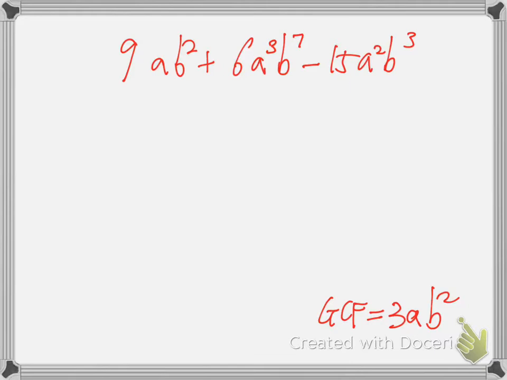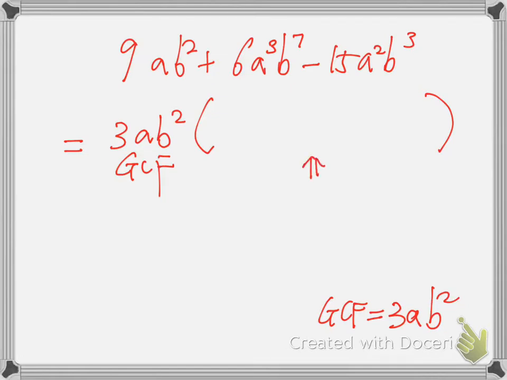Okay, so we put this GCF first. Here is the GCF we found, and then we need to find a quotient for the parentheses. So divide by the GCF.